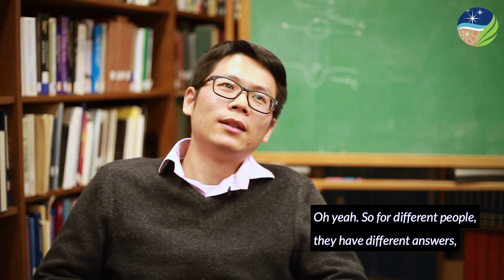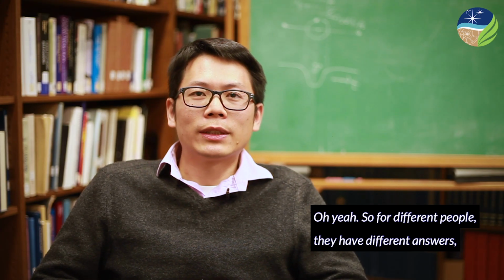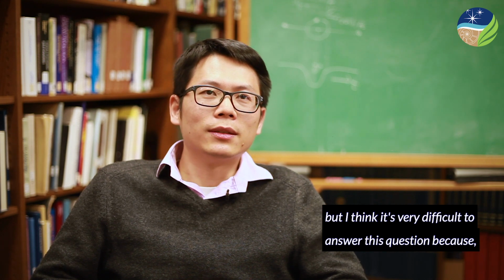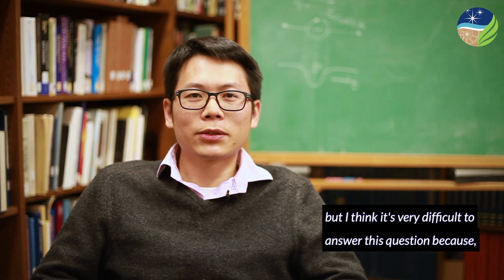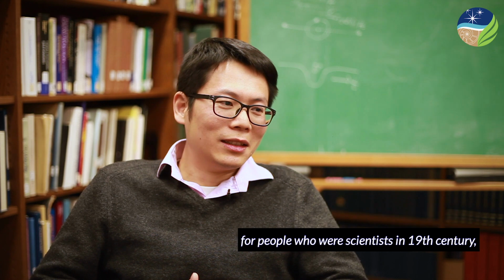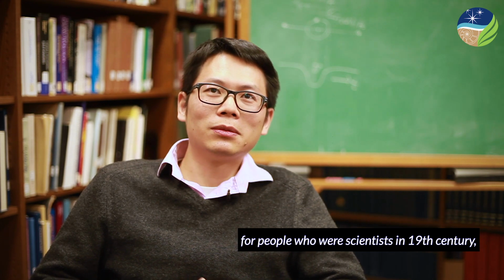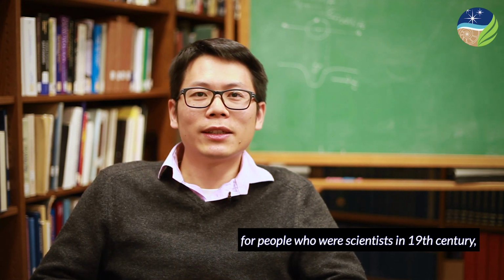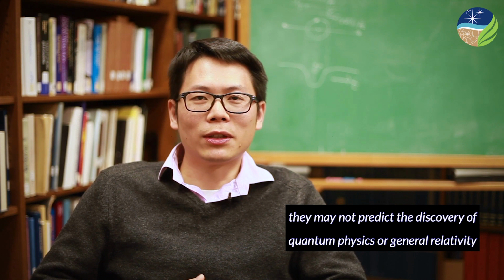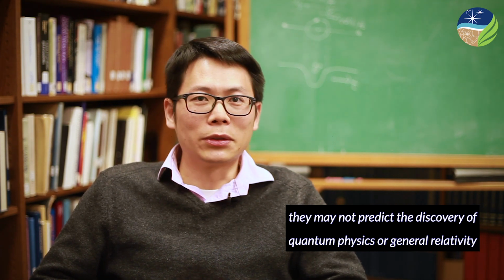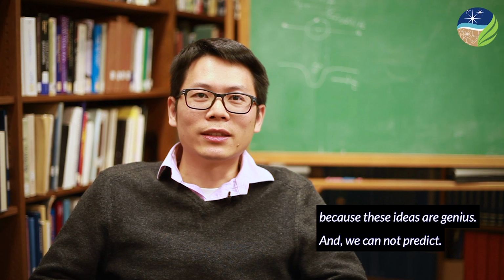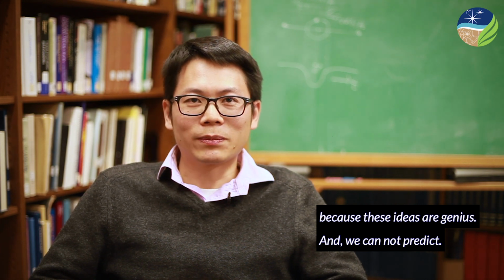Oh yeah. For different people, they have different answers, but I think it's very difficult to answer this question, because scientists in the 19th century may not have predicted the discovery of quantum physics or general relativity, because these ideas are genius and we cannot predict them.